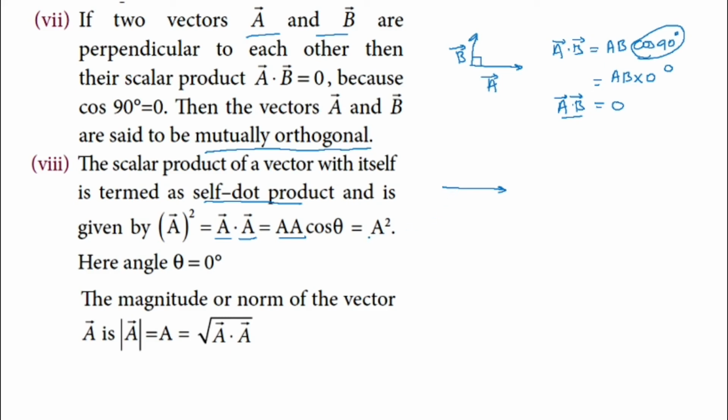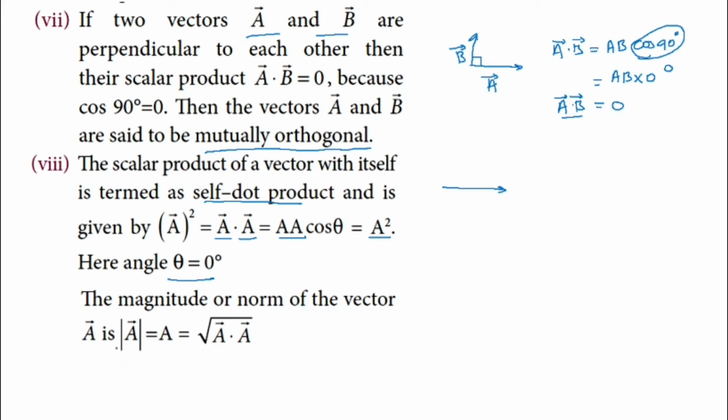So the self product gives the magnitude squared. Another value is the magnitude or norm of the vector.